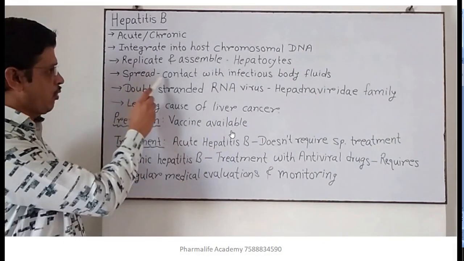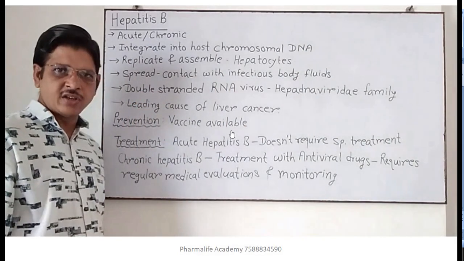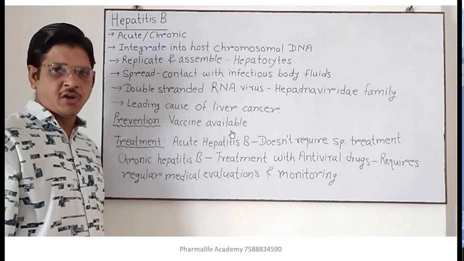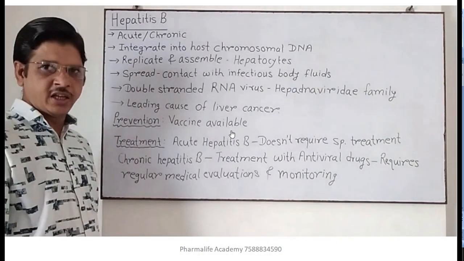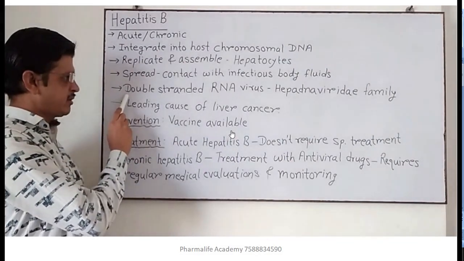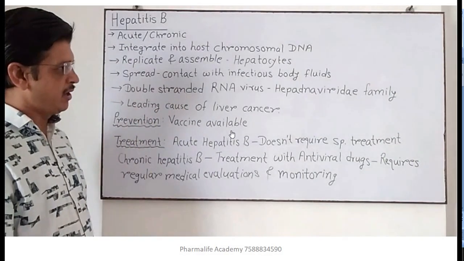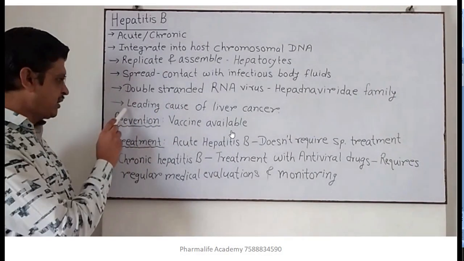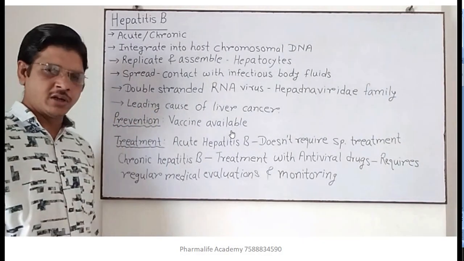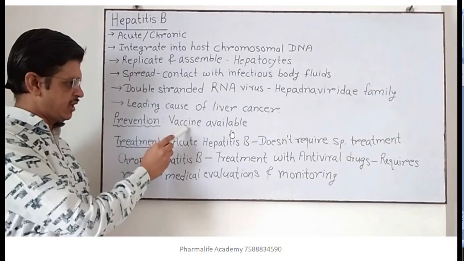It is spread through contact with infectious body fluids such as blood, semen, vaginal secretions containing hepatitis B virus. Hepatitis B virus is a double-stranded RNA virus, belongs to family Hepadnaviridae. Hepatitis B is a leading cause of liver cancer. To prevent hepatitis B, vaccines are available.